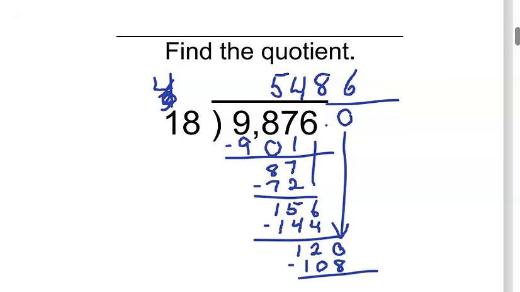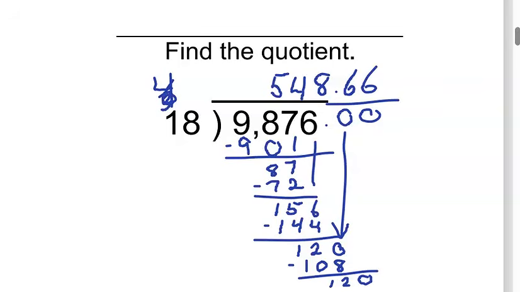So we're going to take 120 minus 108, and that's going to give us 12 again. So we're going to bring down another 0. 18 goes into 120 6 times. 6 times 8 is 48. So this is going to keep happening.